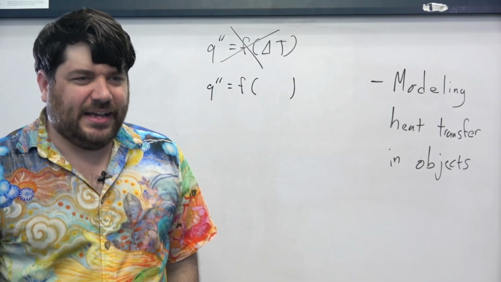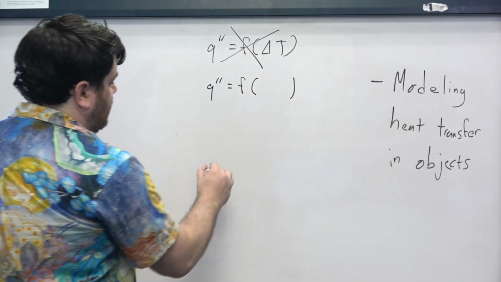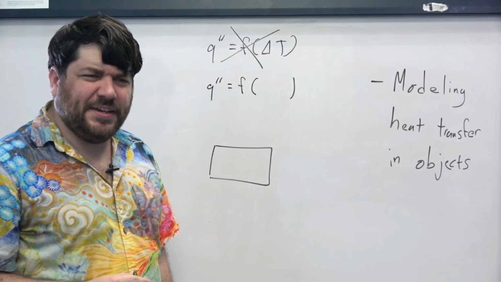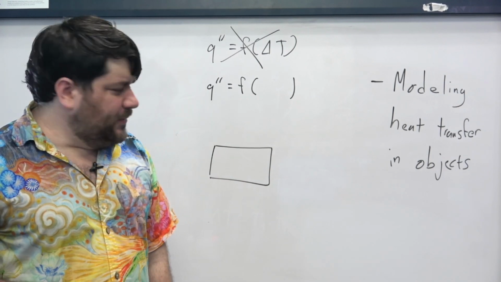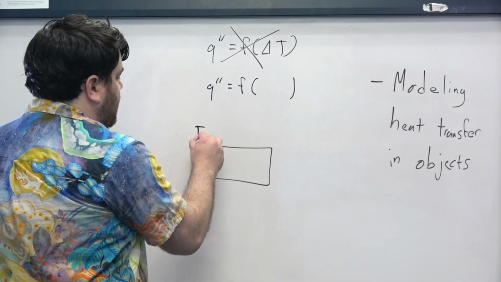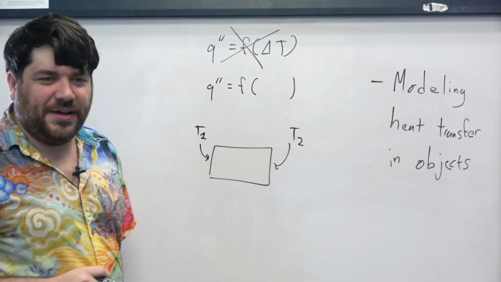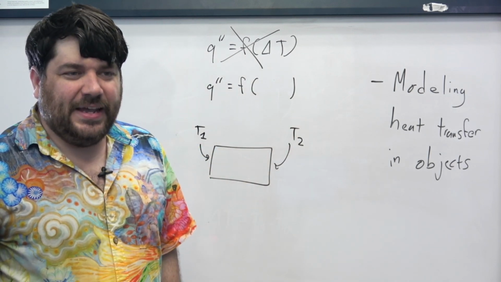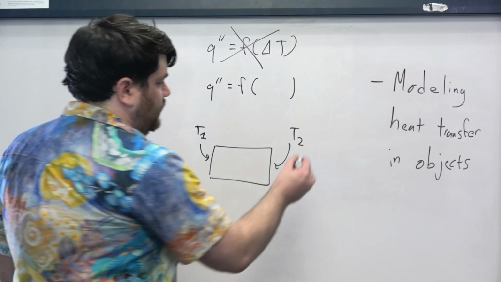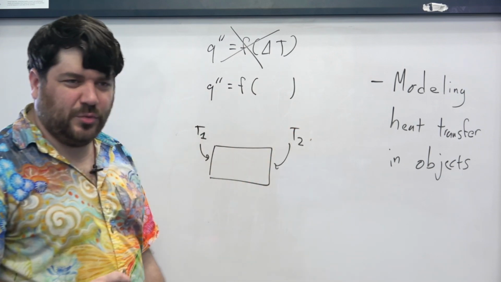And to analyze this, let's go to another system. Let's just consider a slab. And we can imagine that this slab has maybe temperature T1 on one side and temperature T2 on the other. And that the temperature transitions continuously between T1 and T2 inside of this wall.